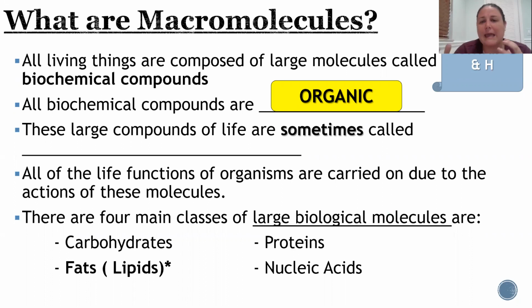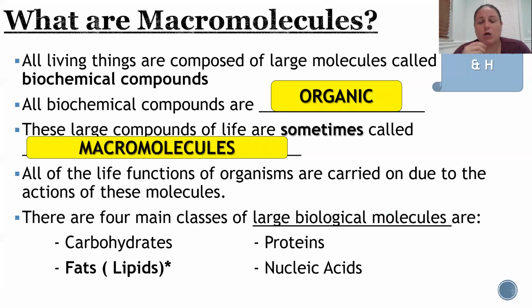And by organic, I don't mean you buy it at Whole Foods. Organic, as we've talked about in other units, means that it contains carbon and hydrogen. That's the definition that we're going to use for biology, and that's going to clue us in that something is organic. So it has carbon and hydrogen.